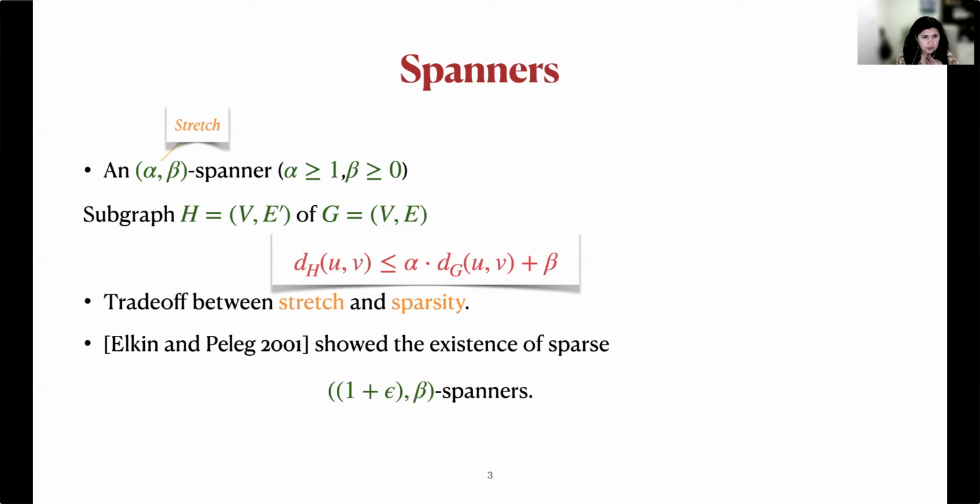So in 2001, Elkin and Peleg found a sweet spot between the two extremes of multiplicative spanners and additive spanners by showing the existence of sparse spanners for which the multiplicative stretch alpha can be made arbitrarily close to 1 while keeping the additive stretch constant. These are called near additive spanners, and this is what we build for unweighted graphs.